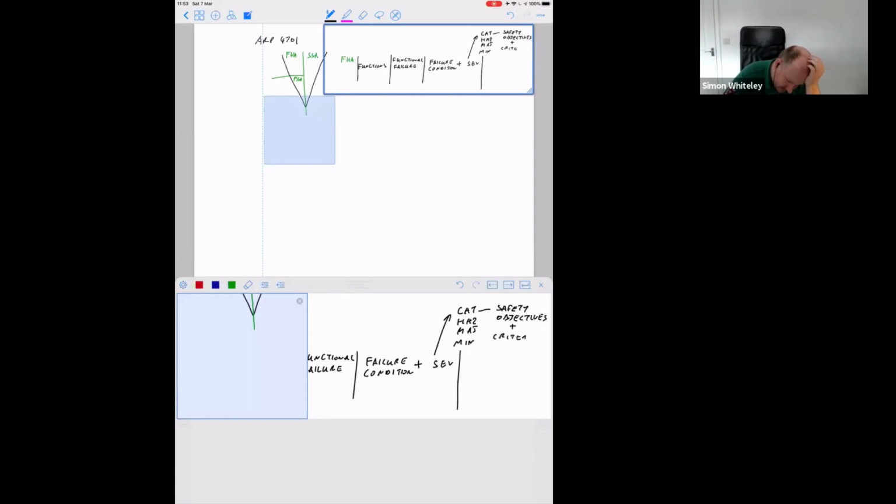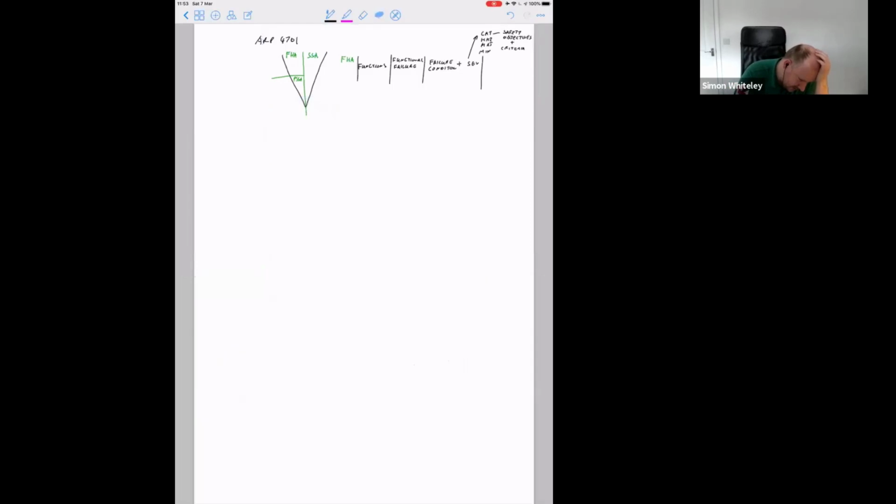So for a catastrophic failure condition, you're not allowed any single point failures that will lead to it, which is a standard thing. But they also put numerical probabilities on these, quantitative.